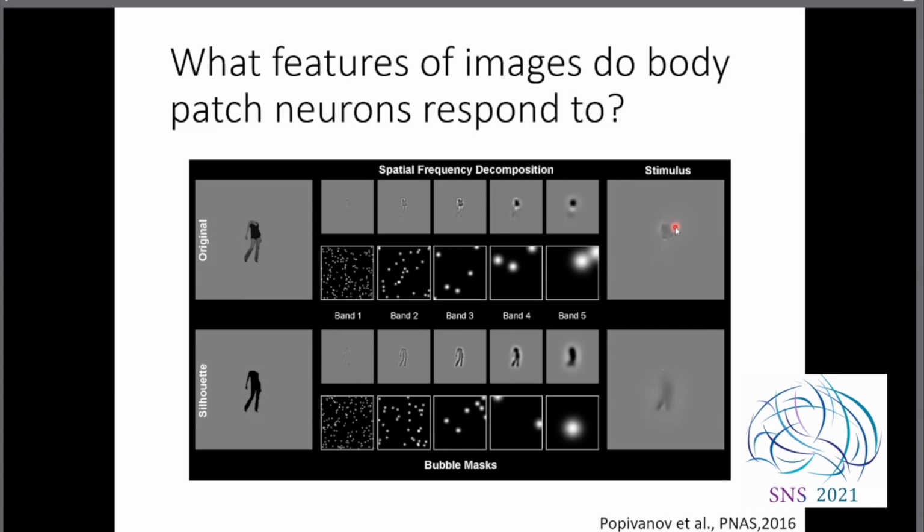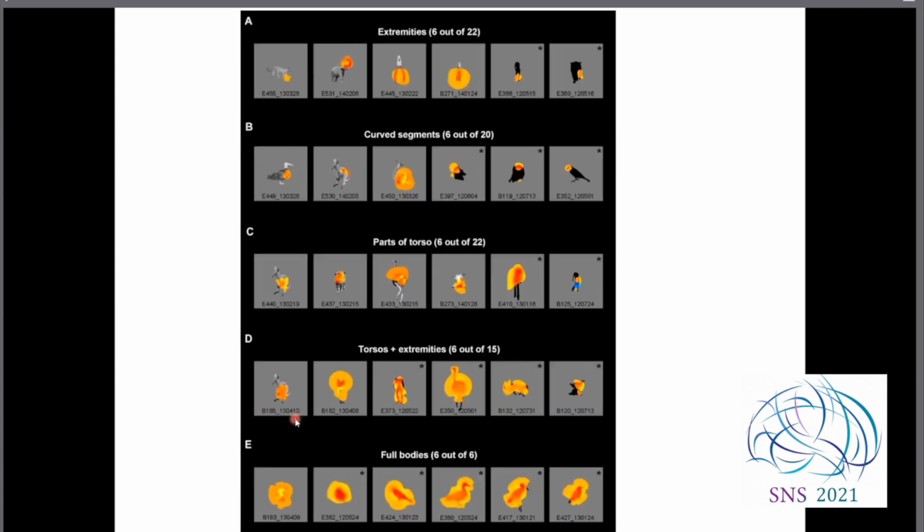When we have a good response of the neuron, we can see what image was presented, and so we add up all the images that provided a good response. By doing that, we can get a handle on which features were driving the response. We did that for the original images and also for some silhouettes.